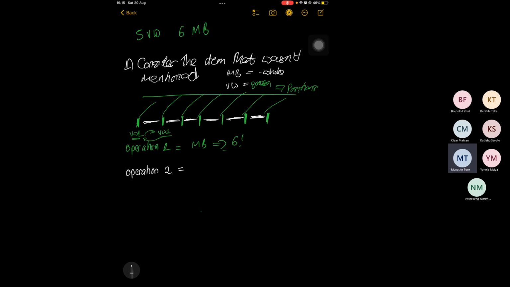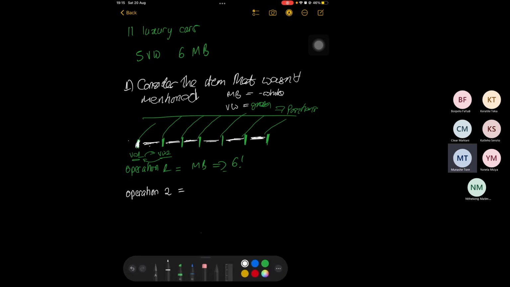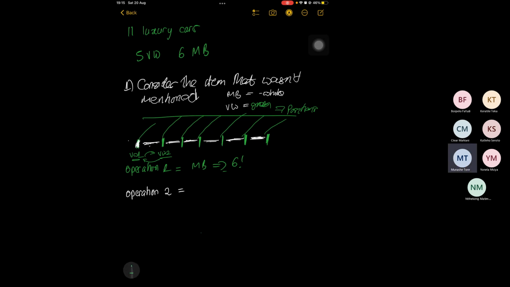But now for operation 2, we are saying the VW can occupy any one of the positions from this one. Because let's assume you start with the VW at this position. It's still fine because the next one is not a VW, but a Mercedes-Benz. Then you also go on to this one.